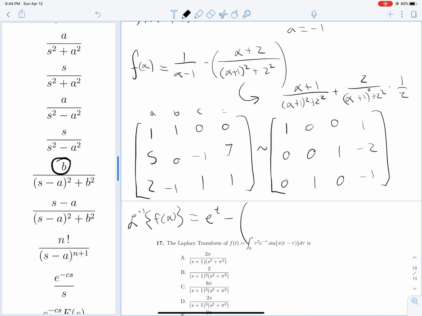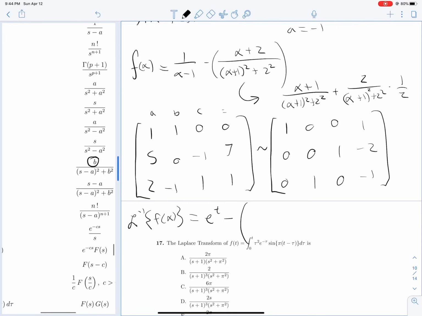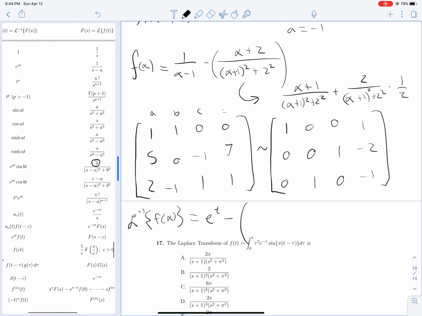Let's see what kind of Frankenstein we've made here. We have 1/2. Oh no, I'm going right to left. I want to go left to right. We have this guy right here, where our a value is negative 1. So e to the negative t cosine bt, where b is the value we have squared both here and here, cosine 2t.